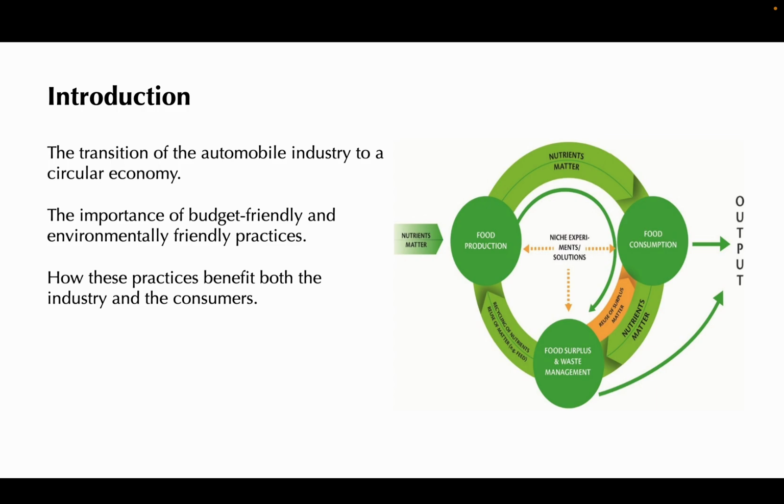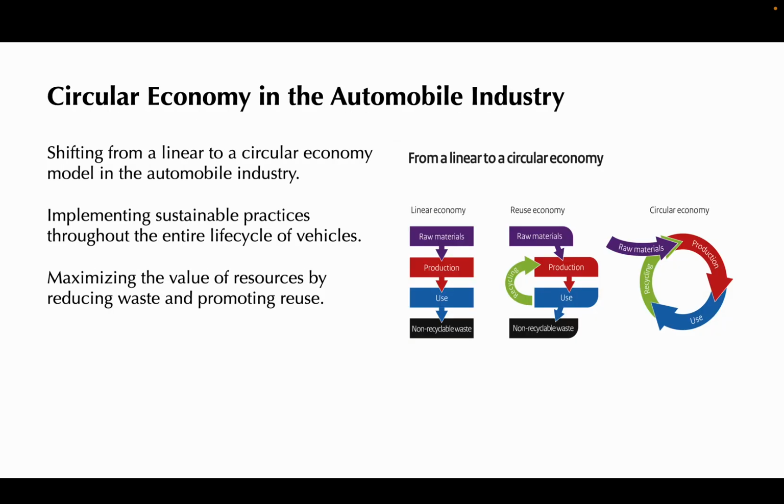Nutrients and matter enter food production and then we go to consumption, and either it goes to the output or it goes to food surplus. We're going to stress the importance of budget friendly and environmentally friendly practices and how these practices benefit both the industry and the consumers.